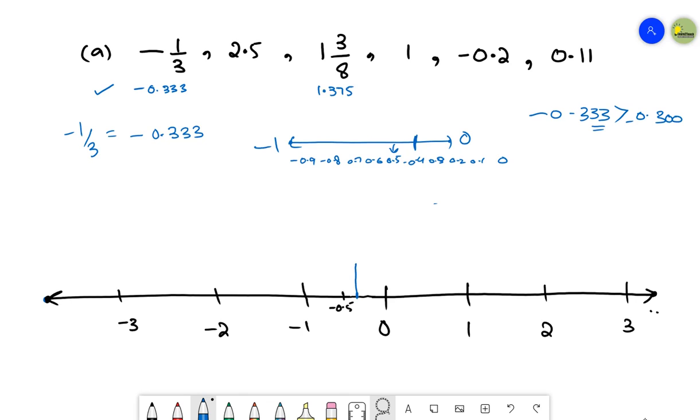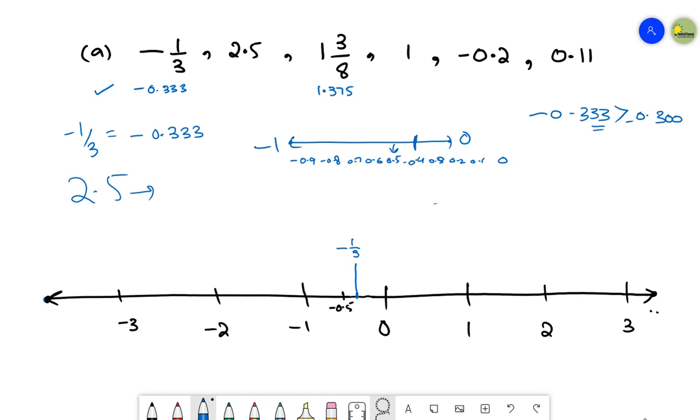This is how you need to find the exact position of minus 1 upon 3, which equals minus 0.333. This is the approximate position of the fraction given to me, minus 1 upon 3.